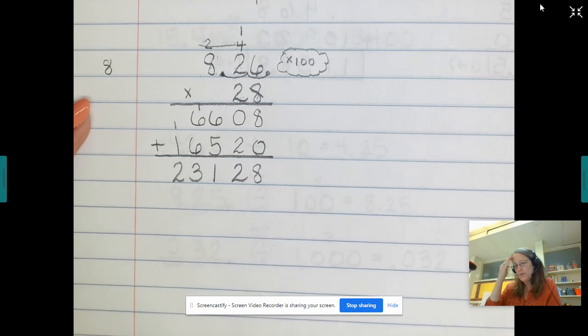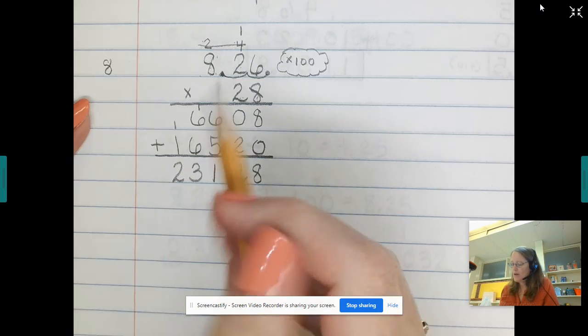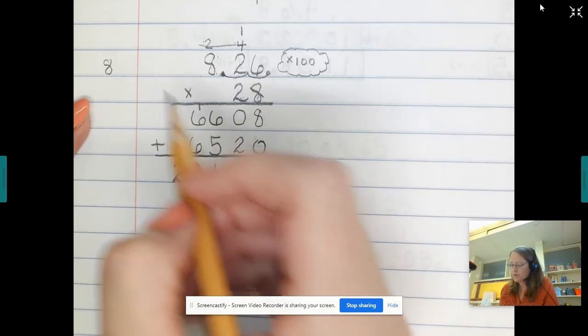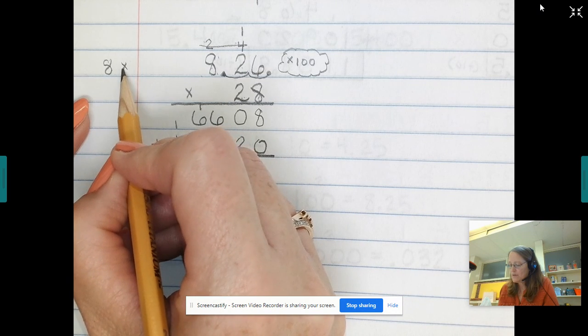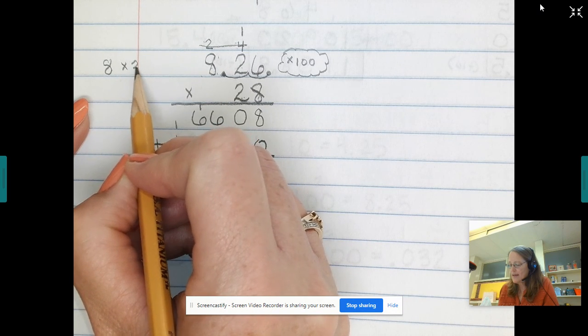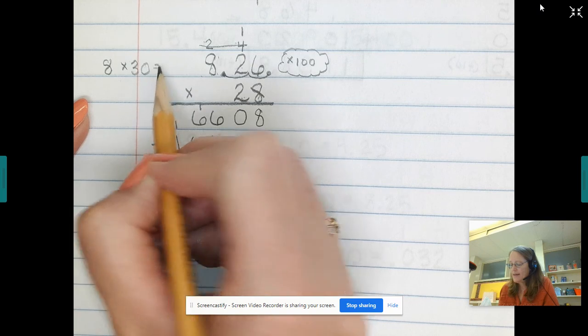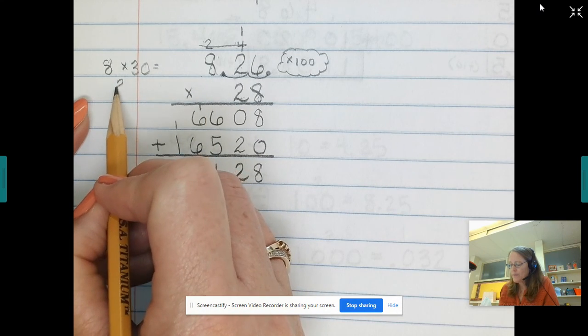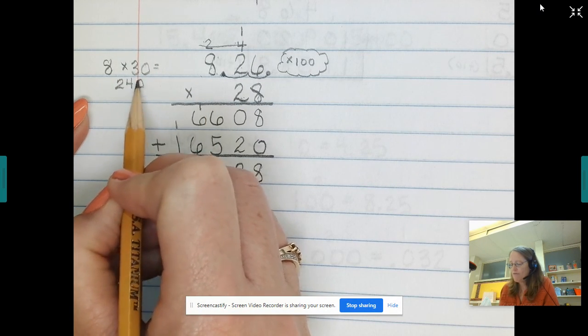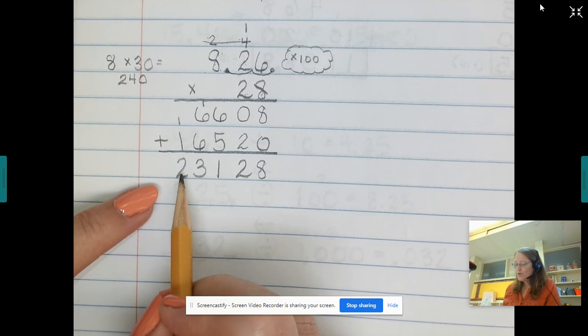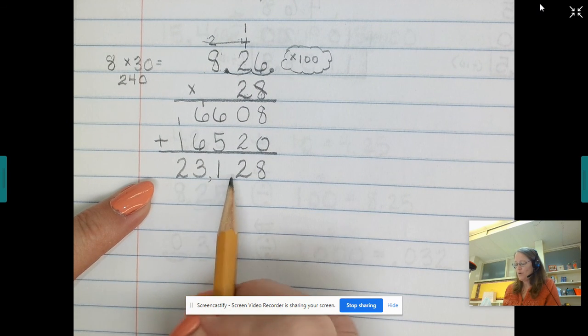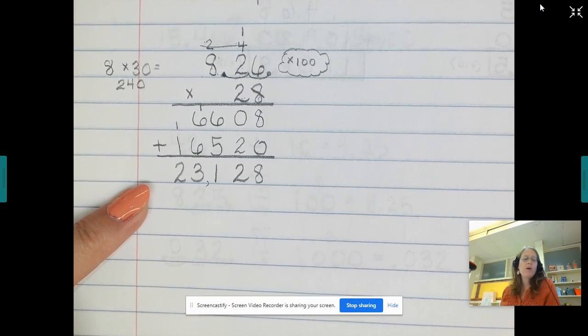This is how we are reasoning about the placement of our decimal. Okay, 28 rounds to 30. So if I multiply 8 times 30, that's going to give me 240. 23,128 is nowhere near 240.